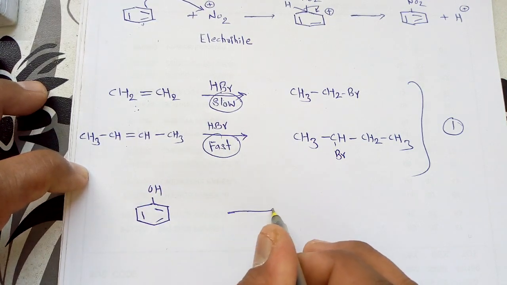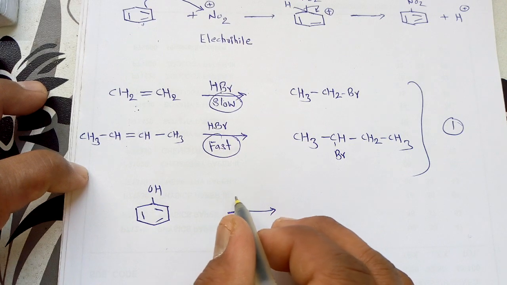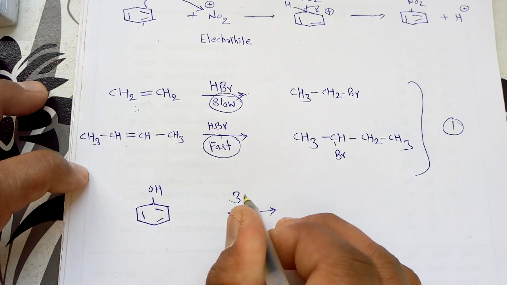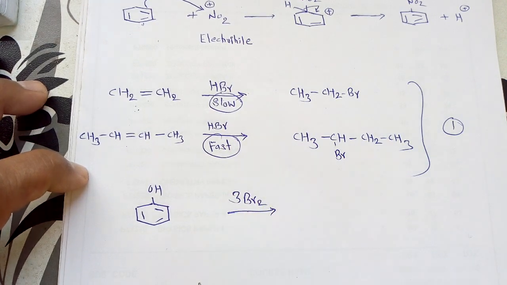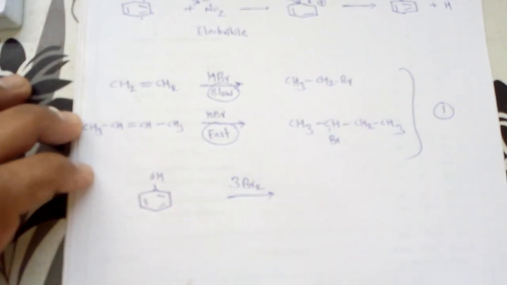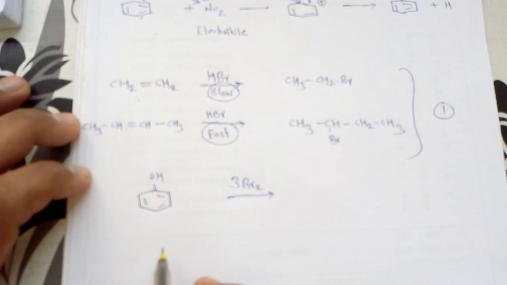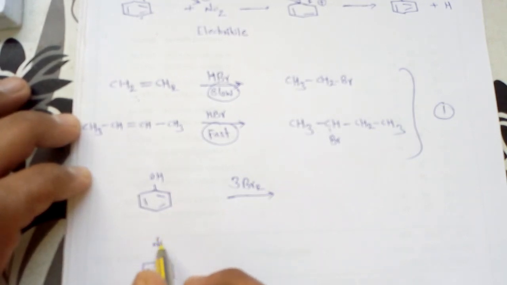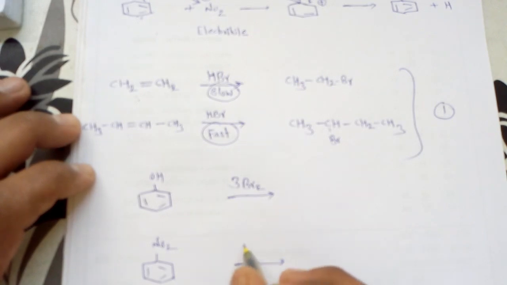If I react this phenol with 3 bromine molecules, at the same time, if I take the second organic benzene derivative as nitrobenzene, again we have to react the same compound with bromine at room temperature.